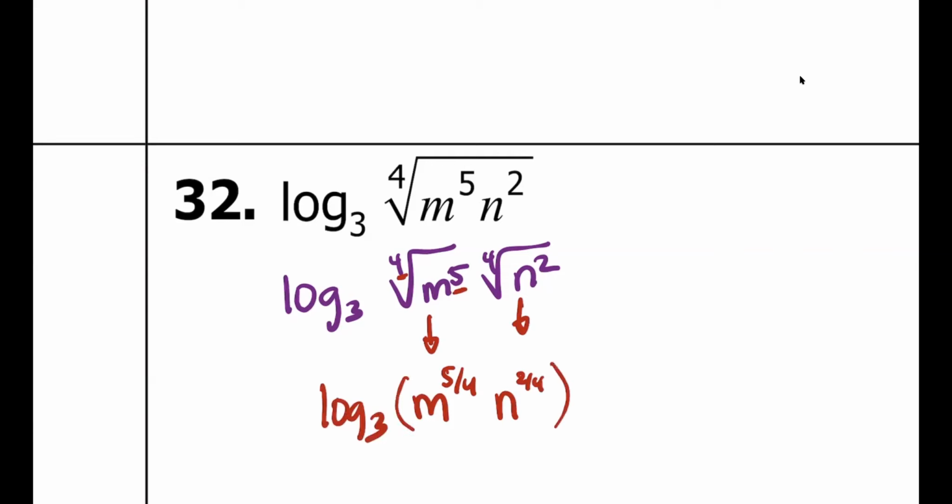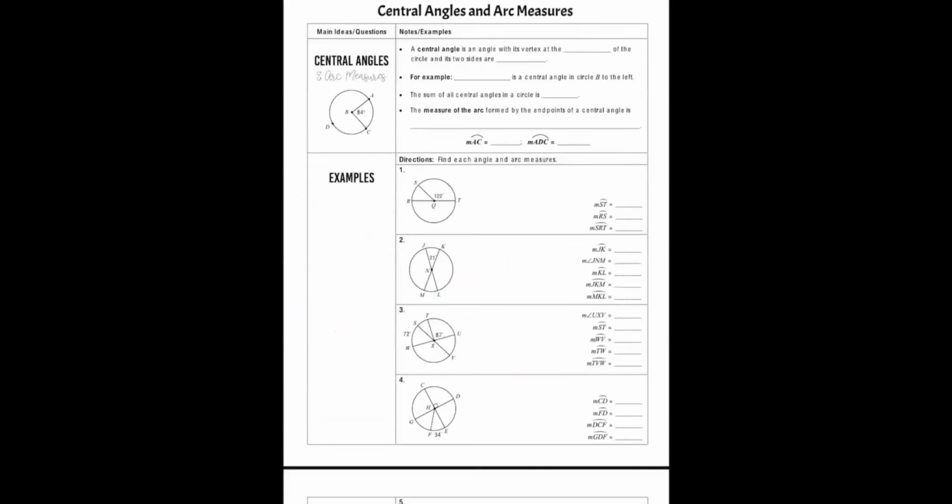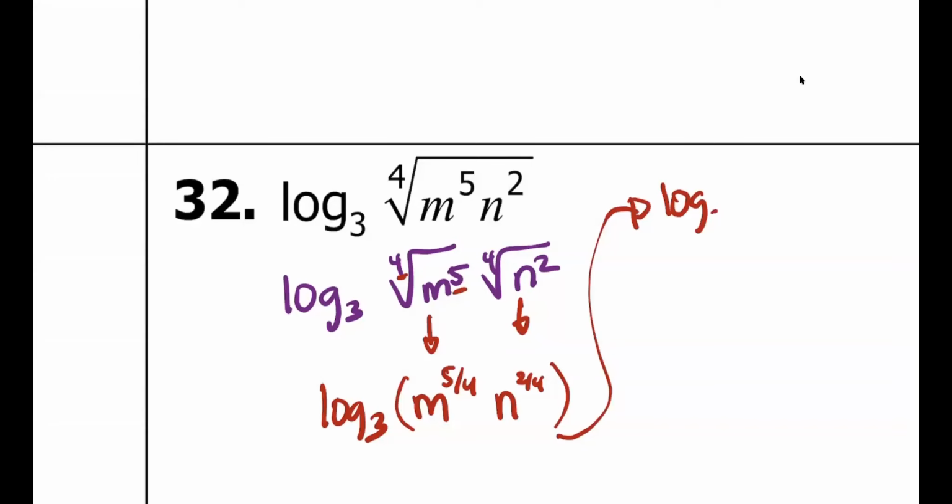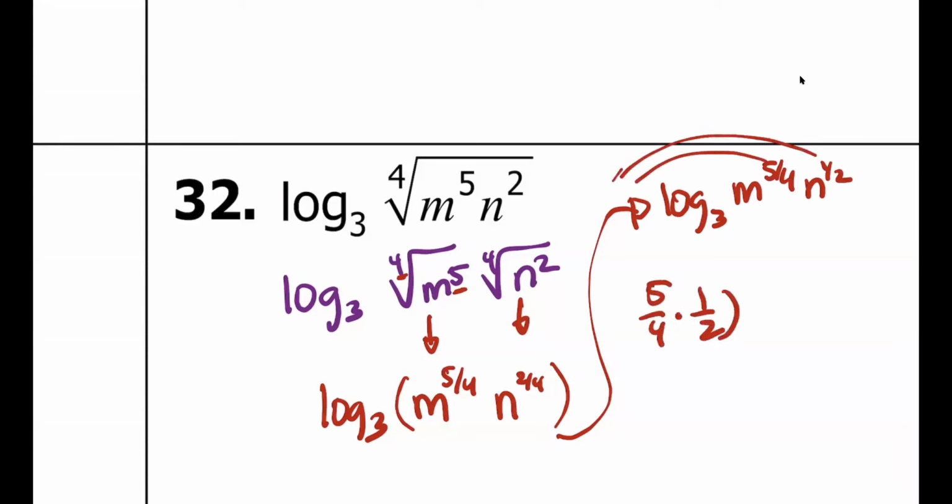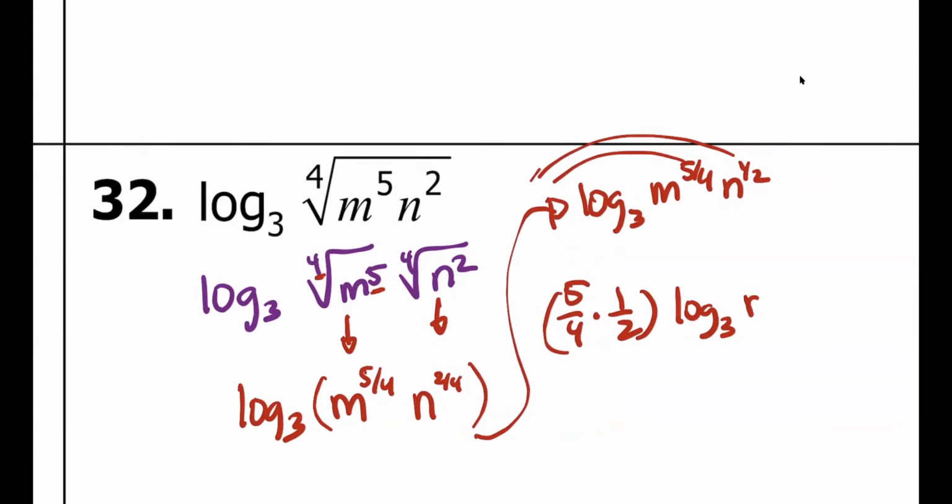And 2/4 becomes 1/2. So if I want to clean that up, log base 3 of m to the 5/4, n to the 1/2. And so all I have to do is put both of these in the front, 5/4, 1/2, log base 3 of m n.